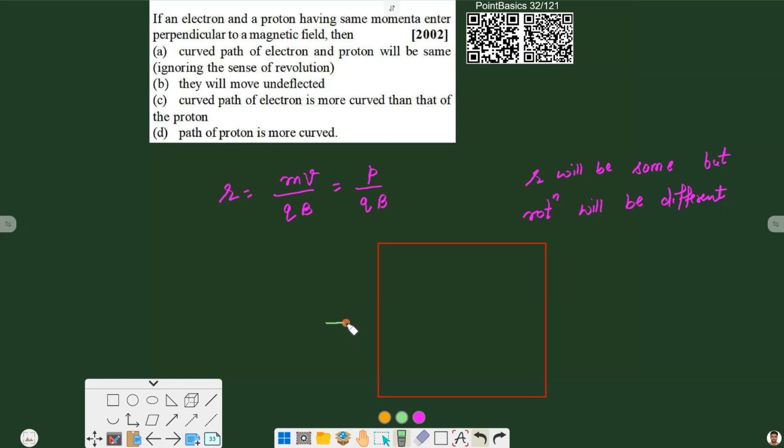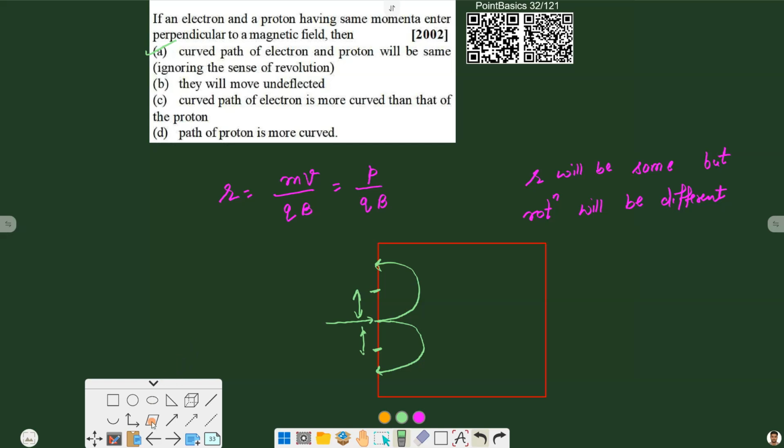An electron enters here, so the electron might take this path. If the electron is taking this path, then the proton will take the opposite path like this, and vice versa. If the proton is taking an anti-clockwise path, then the electron will take a clockwise path. So their sense of rotation will be opposite, but their radii will be the same. So option A will be the right answer.